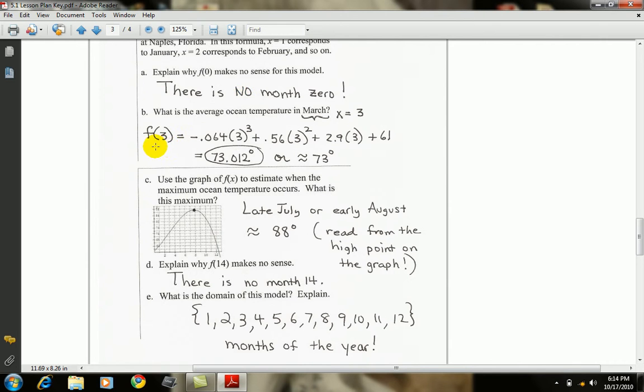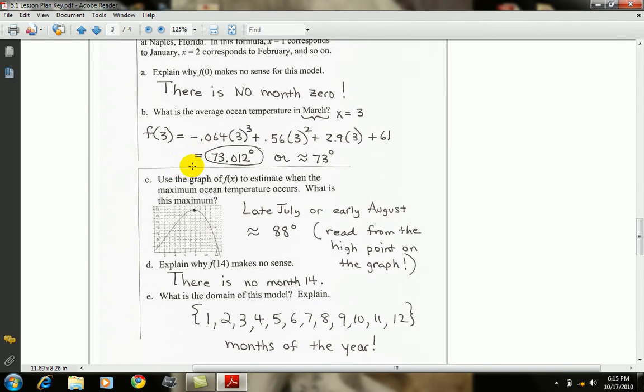All right, part B. What is the average ocean temperature in March? Well, obviously March corresponds to month 3. They're just telling me to replace x with 3 and plug it into the function, so I find f of 3. I plug into that ugly function the opposite of 0.064 in parens 3 cubed plus 0.56 in parens 3 squared plus 2.9 in parens 3 plus 61.